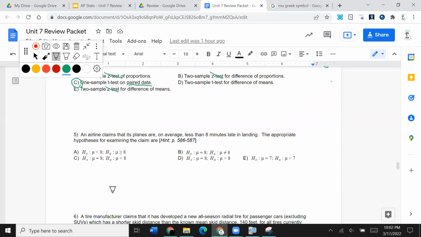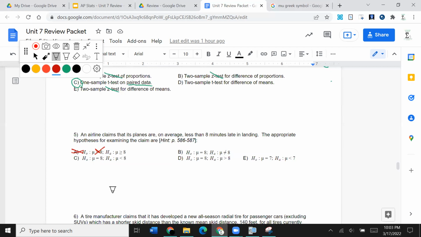Number 5, an airline claims that its planes are on average less than 8 minutes late in landing. The appropriate hypotheses. Your null hypothesis will always be a mean parameter. So mu will be equal. So you never want to have not equals or less than or greater than. So that's ruled out.